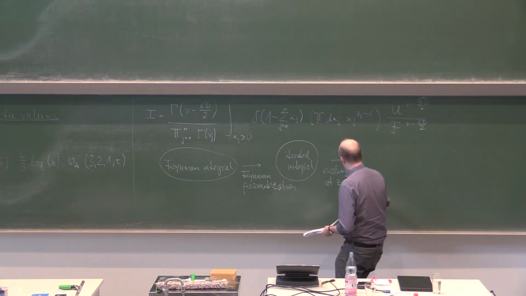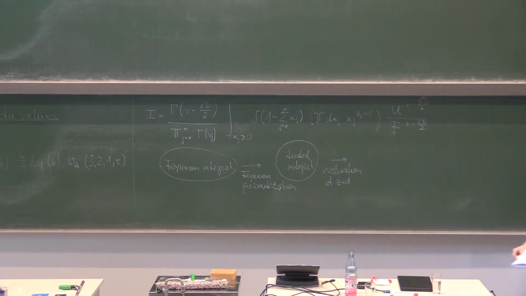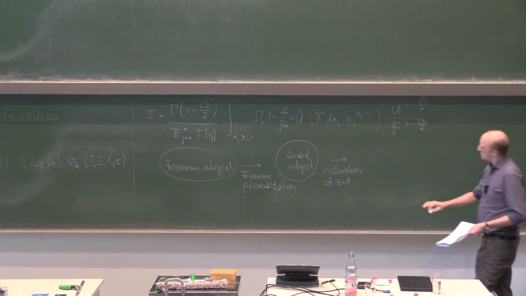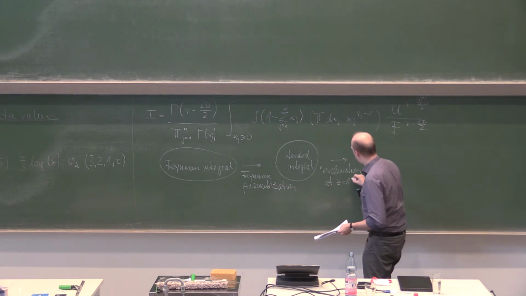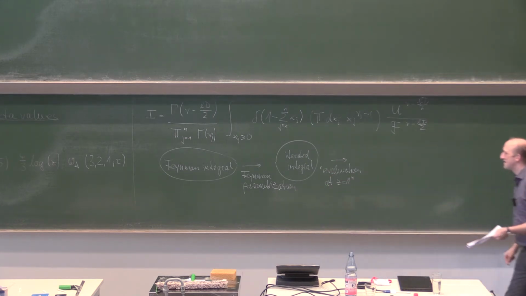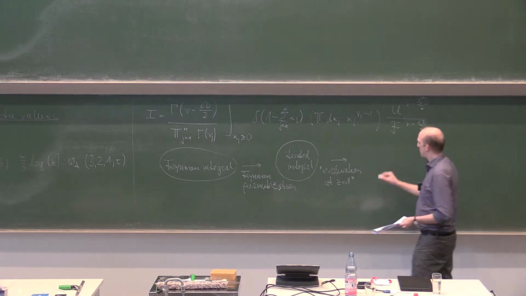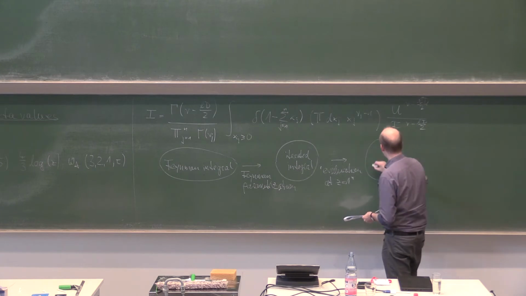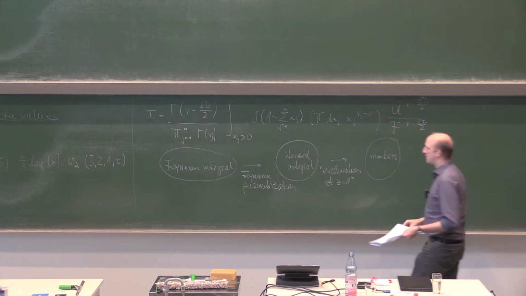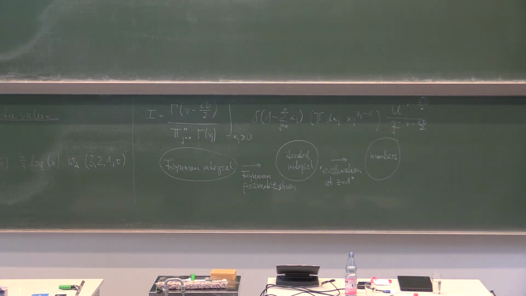I'll simply write evaluation at z equals 1. That might not be entirely true, so I'll put it into quotation marks. There are other scenarios, but for now, this will lead to the numbers we actually want to have.